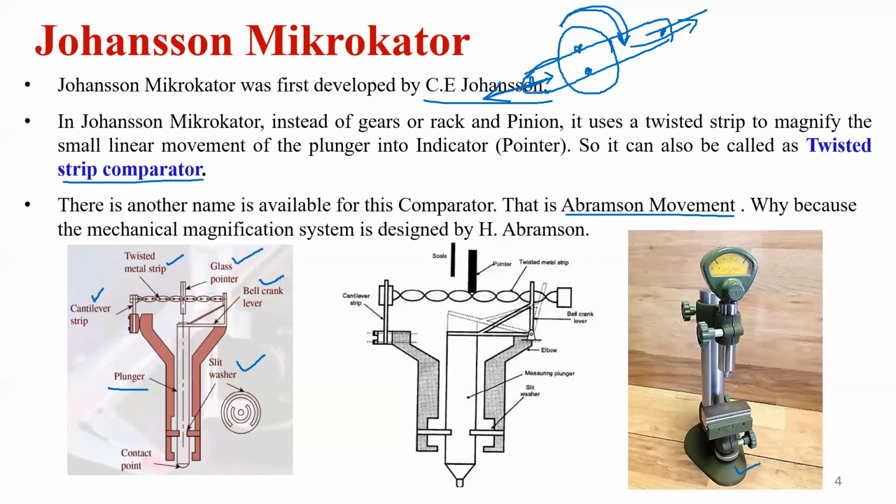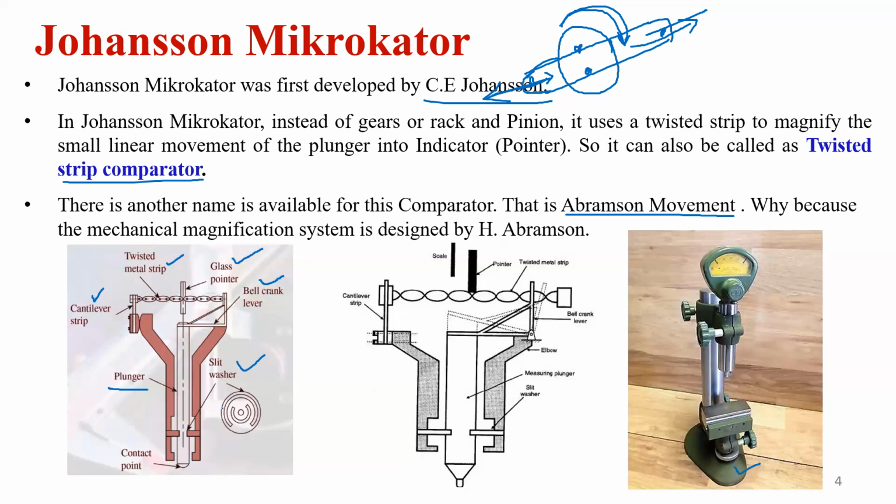One end of the twisted metallic strip is connected to the cantilever strip. The other end is attached to the bell crank lever. The other end of the bell crank lever is connected to the plunger.